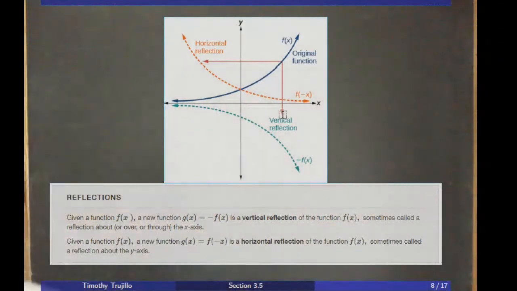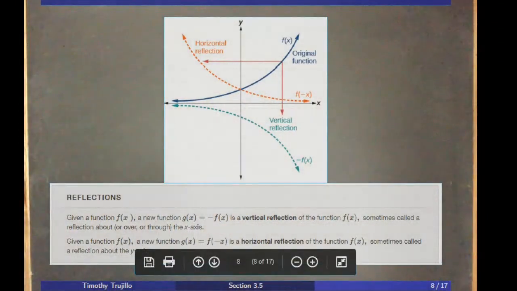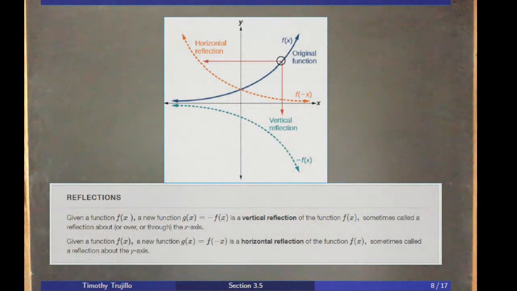Okay? So if you started with some point here in the xy plane, and you wanted to reflect across the y-axis, you would take the x value and replace it with its negative, and you'd come over here. Okay, and the distance from the y-axis would be the same. You'd just be at the negative value over there. So when you're computing reflection across the y-axis, you replace the x with negative x.